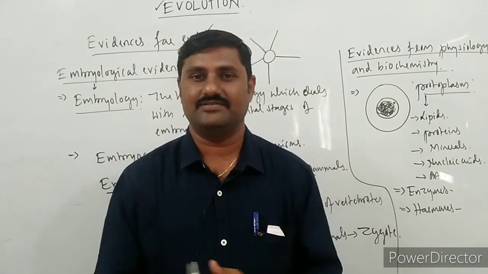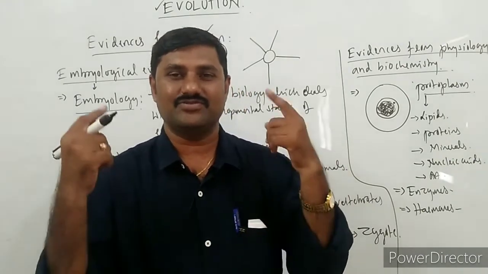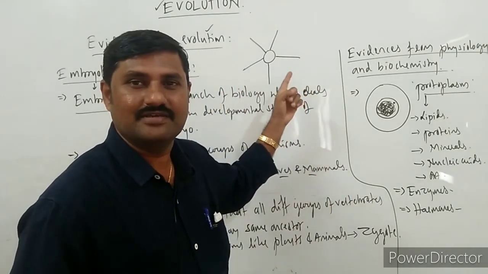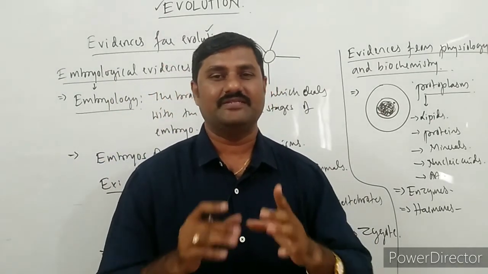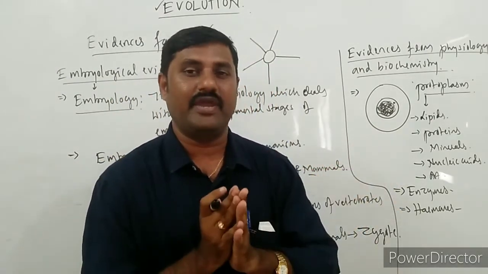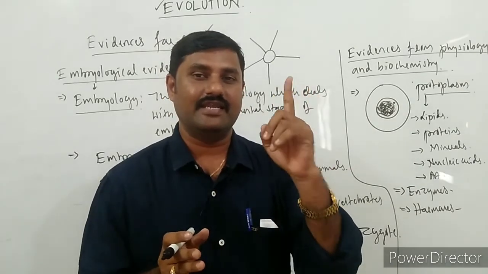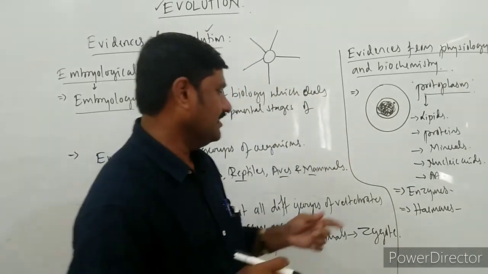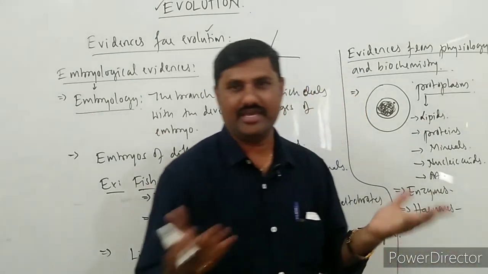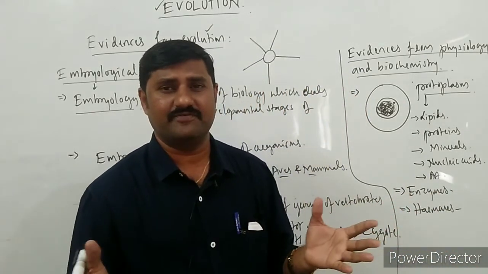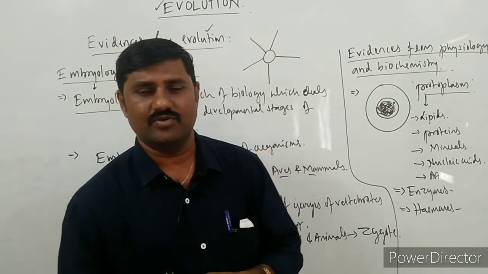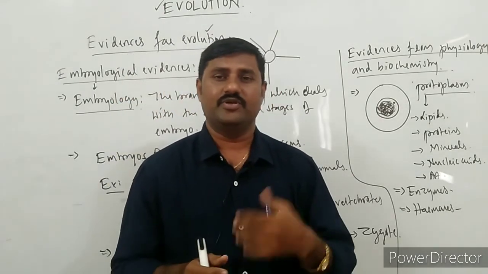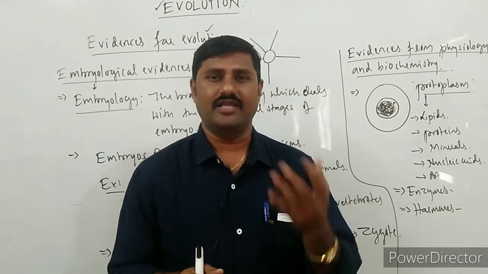What does it suggest to us? Once again, evolution has taken place on this earth, so different groups of organisms are made from a single ancestor, right? For hormones you may take many examples: thyroid hormones, pituitary hormones, or insulin.